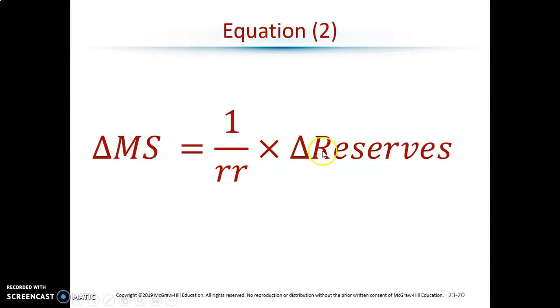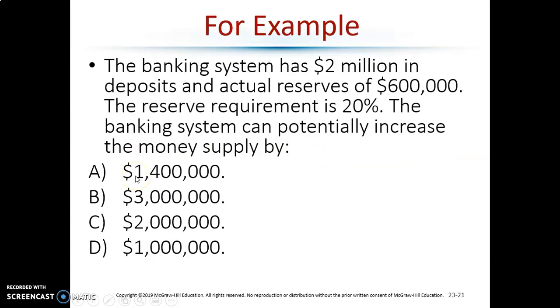And then we multiply it by the change in reserves. So if a deposit causes the reserve amount to increase, we're going to multiply that increase by the money multiplier to see what the change in the money supply is going to be.